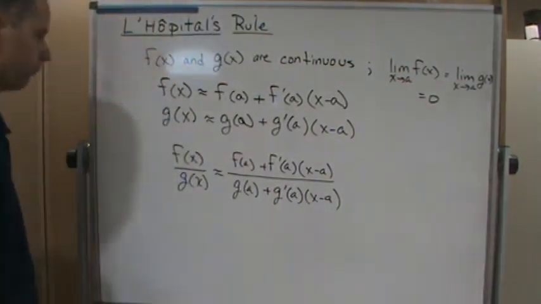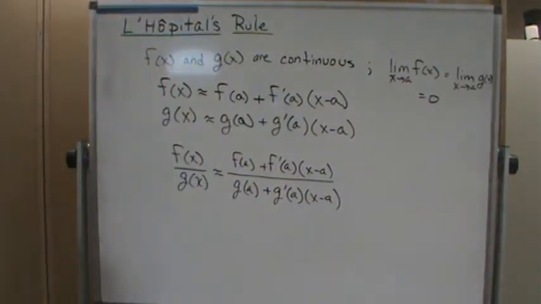Now, since f and g are continuous, okay, so here's what happens. Here's where it breaks down. Or excuse me, since f and g are differentiable, then they're continuous at a.